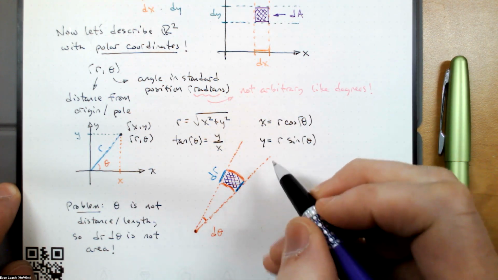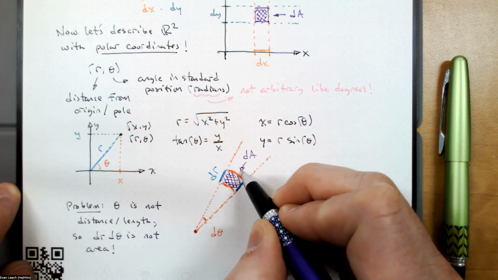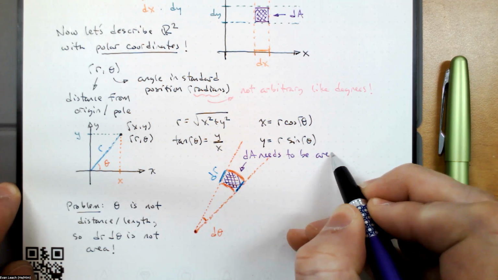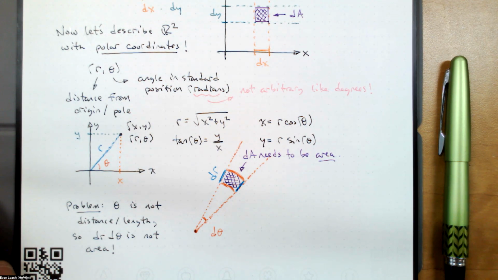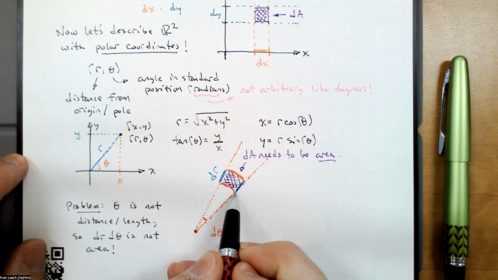But this is what we want. We want an area for dA. The farther we are from the origin, the longer this side is going to be, or this curve is going to be.